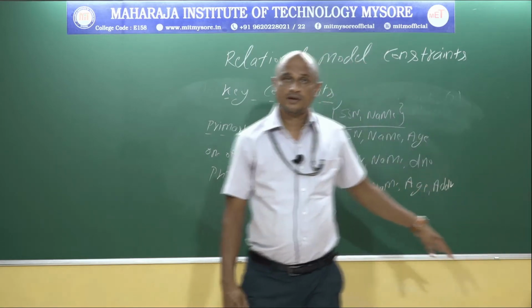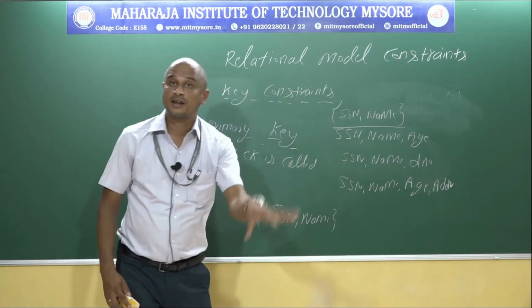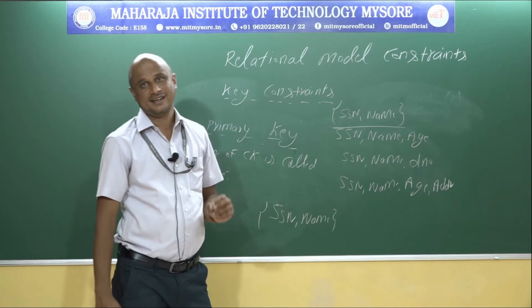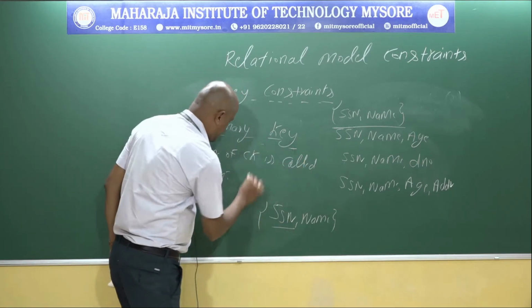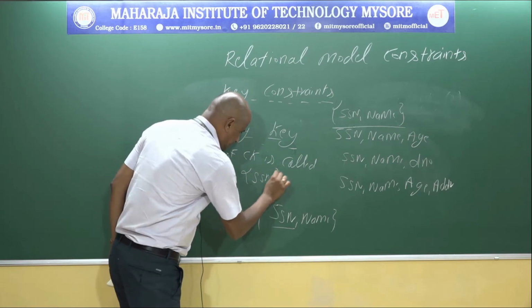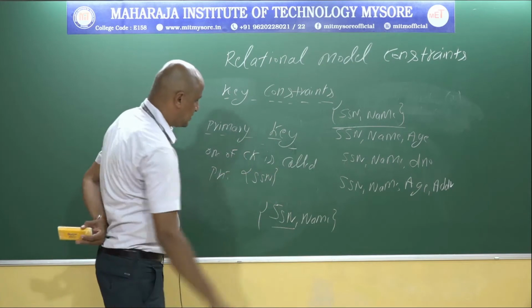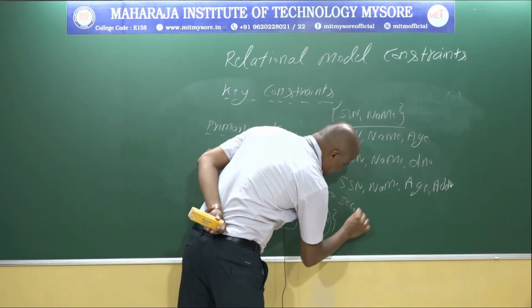Then name, being other than the primary key, can be called a secondary key. So here SSN is the primary key, and the other attribute, name, is called the secondary key.